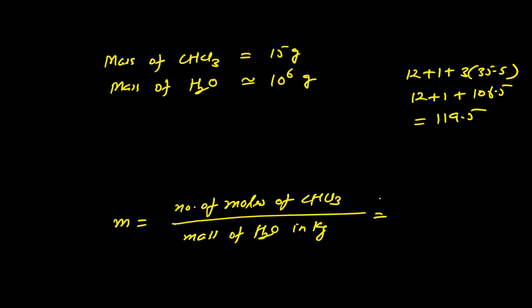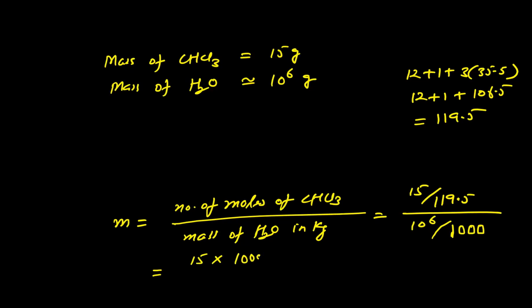So the number of moles of CHCl3 will be its mass divided by the molar mass, divided by the mass of water in kilograms. So you will have to divide by 1000. So it will be 15 into 1000 divided by 119.5 into 10 to the power 6.